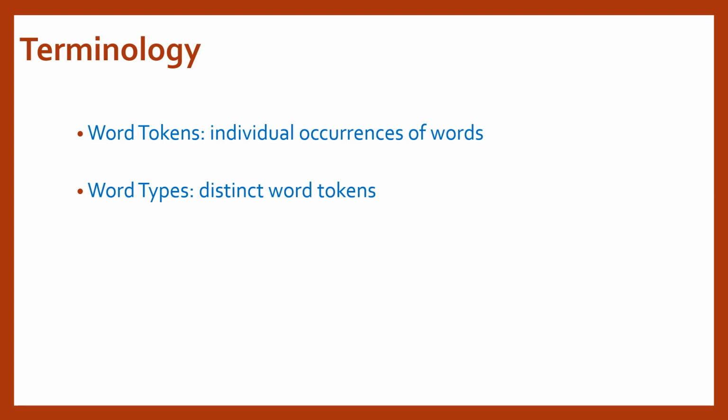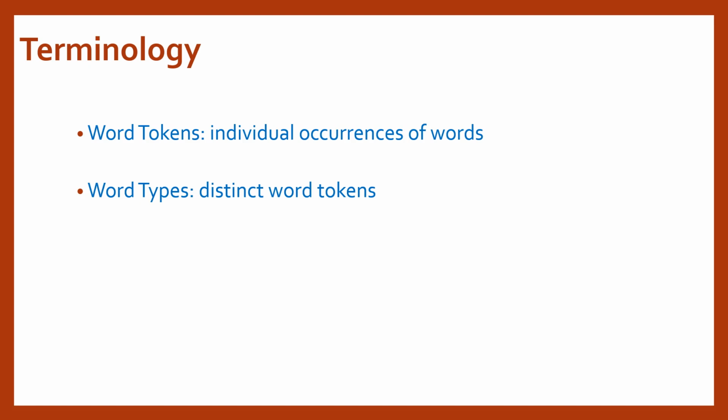Before we continue, I want to emphasize and want you to recall two very important definitions, which in initial discussions might lead to some confusion. What do we mean by word? What do we mean by tokens?